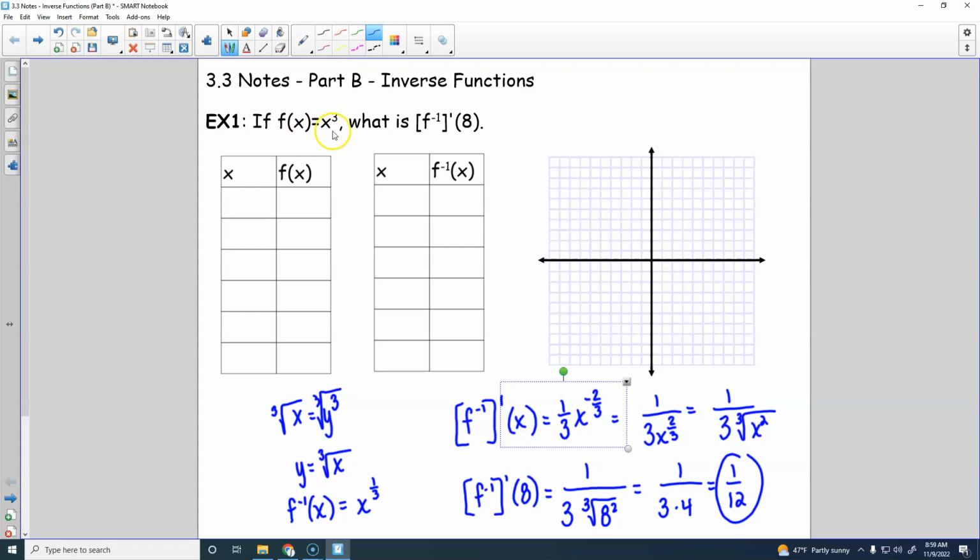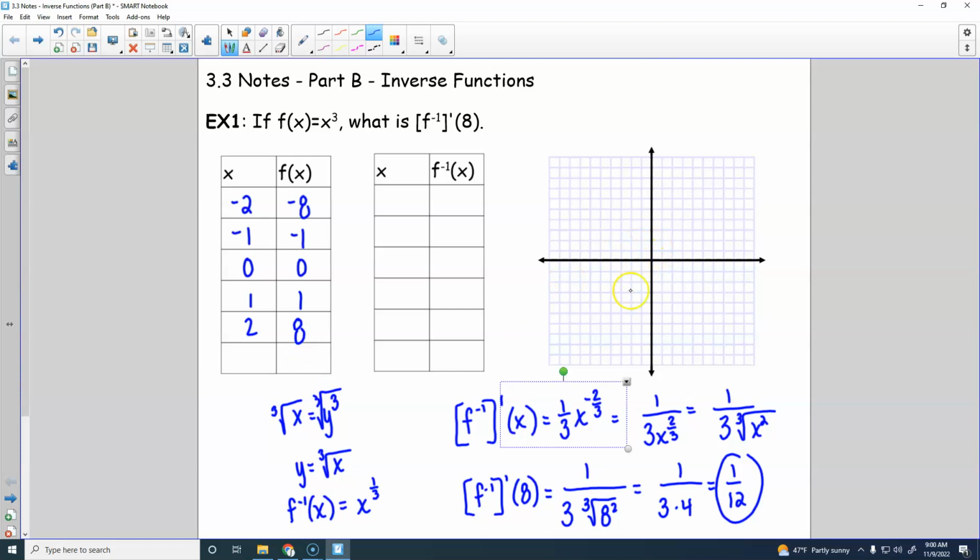So if I graph f of x, so if I just plug in like -2, -1, 0, 1, 2, 3 is going to go off the graph. I put too many things there. So -2 cubed would be -8. -1 cubed would be -1. 0 is 0. 1 is 1. 2 is 8.